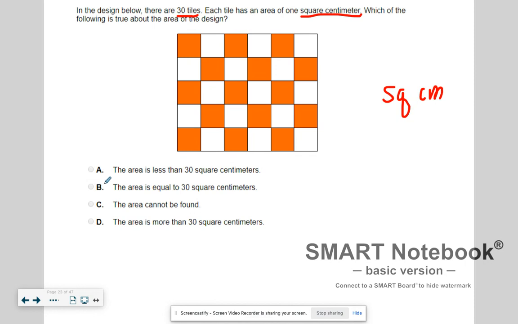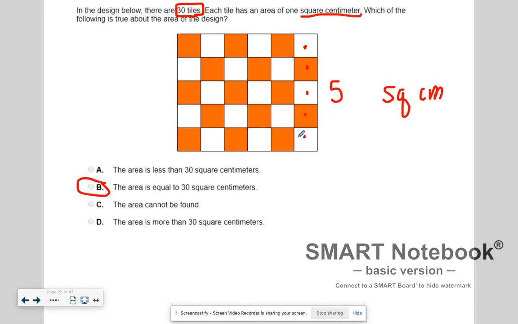All right, guys, I hope you chose B, because it says the area is equal to 30 square centimeters. It tells you here that there are 30 tiles. So really, you didn't even have to count anything. Could you have counted if you wanted to? Sure, I have 1, 2, 3, 4, 5. So there's 5 here.